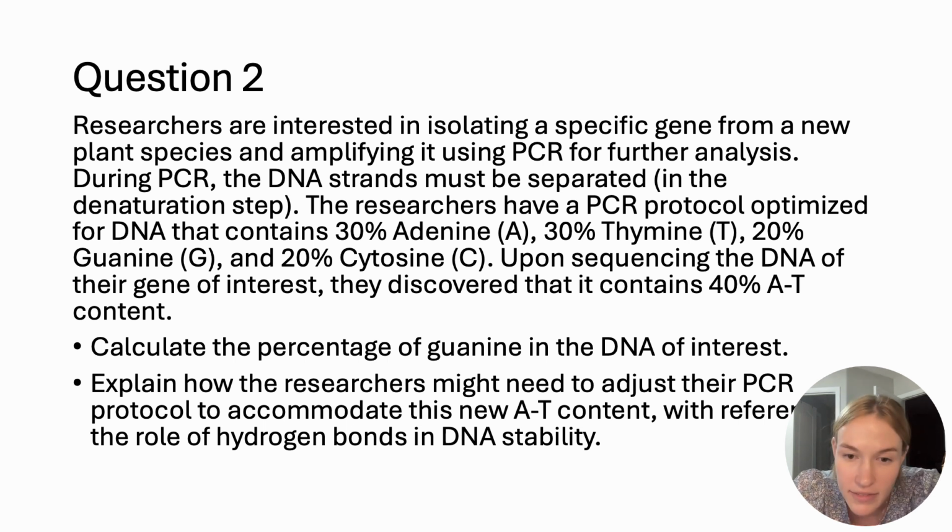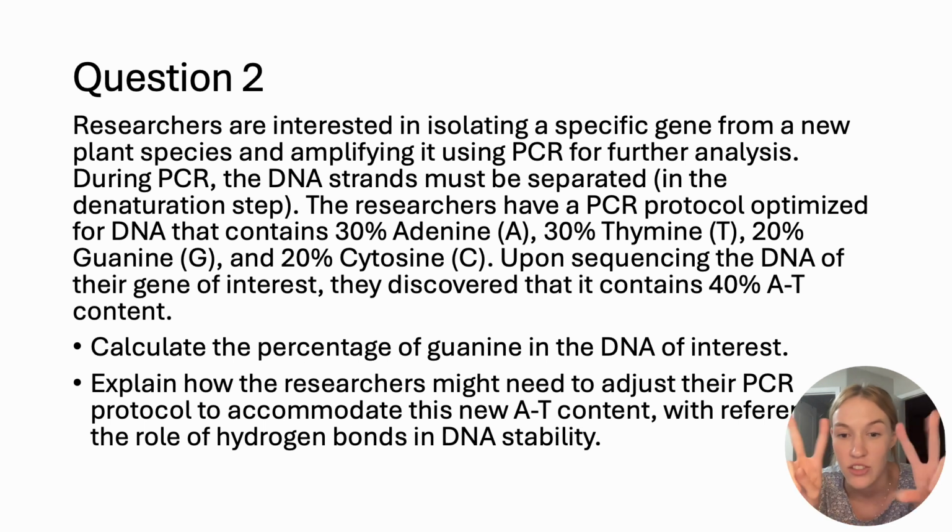So if the original protocol, the one that they have optimized, is AT rich, and it is, right? 30% adenine, 30% thymine, that is going to be 60% AT, or just 40% GC.